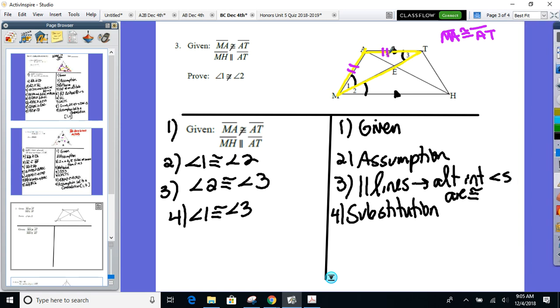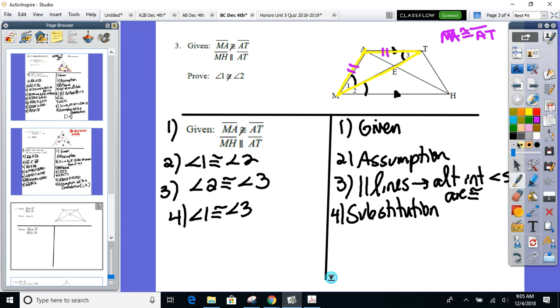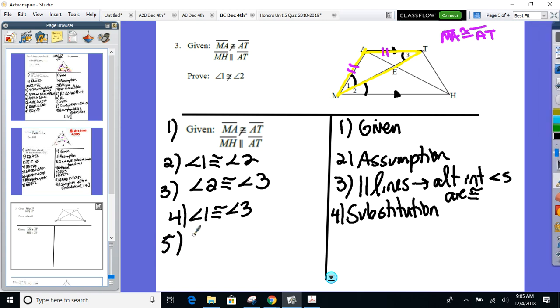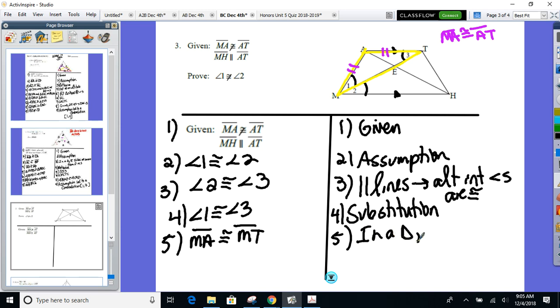You cannot get MA congruent to MT by CPCTC. It's not going to happen. There are no triangles here to prove congruent. So I need to do it slightly differently. Yep. In a triangle, look at all these theorems here. We got a unit 2, a unit 3, and a unit 4 theorem all in one.